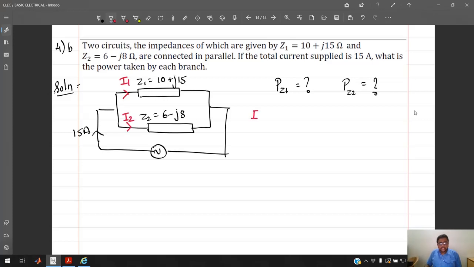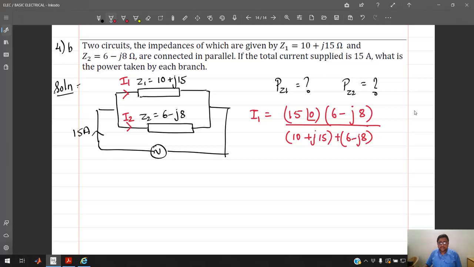You can calculate I1 as main current, that is 15 at an angle 0, into impedance of the other branch, that is 6 minus J8, divided by the sum of impedances, that is 10 plus J15 plus 6 minus J8.